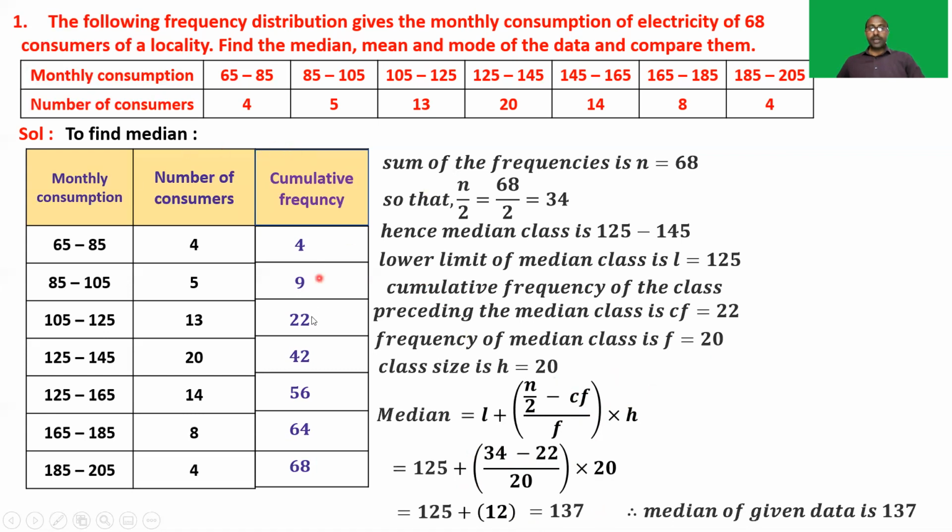So first we have to write cumulative frequencies and then write all the values in the formula.